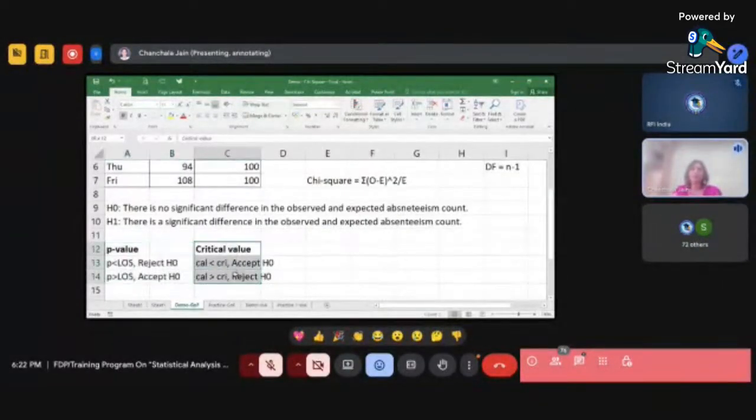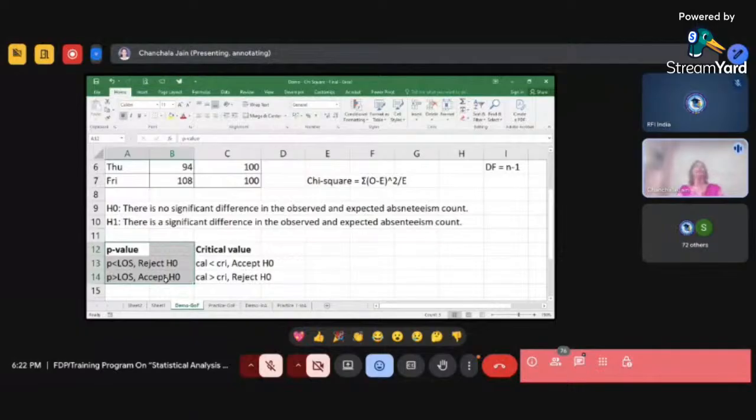You can go with this because these are a little confusing. People can get a little confused when they are using two approaches. So up to you. In whichever approach you are comfortable, you can go with it. I will suggest you go with the p-value because software provides us the p-value, and using that we are deciding whether we need to accept or reject the null hypothesis. Okay, I hope I am clear on this.